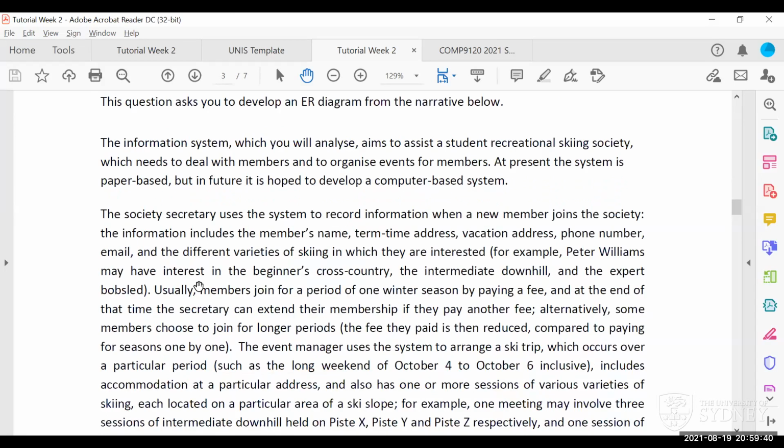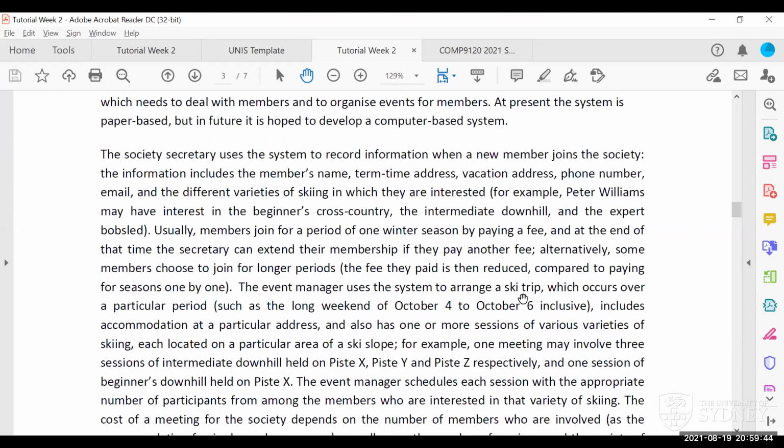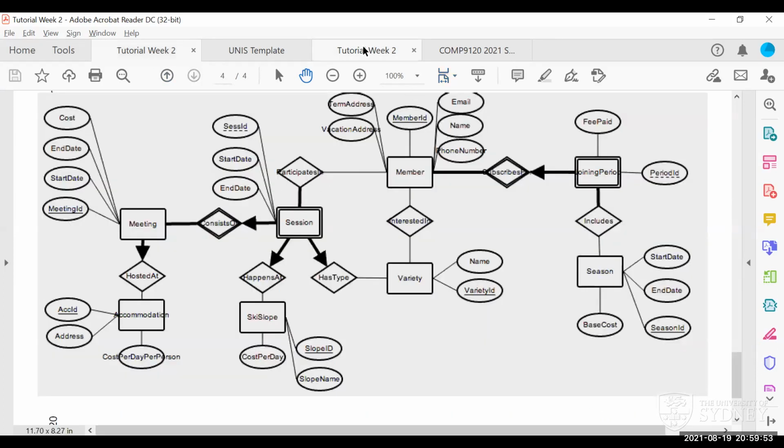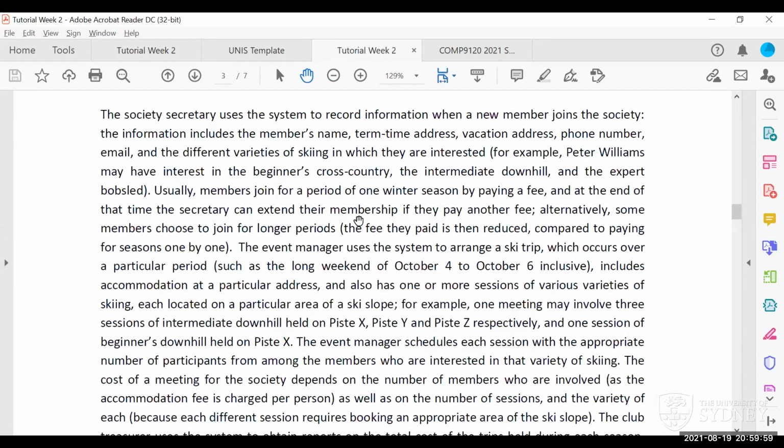So don't worry if you have difficulties understanding some of these. As I said, please use your spare time to read through the story again and then go back to the sample solution to see if you understand how the model that is given to you as a sample solution reflects the story here. Okay.